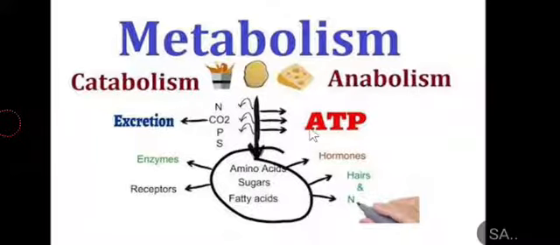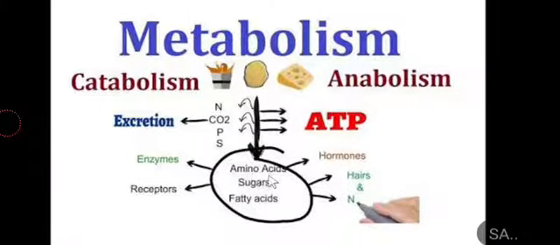Here you can see the ATP is releasing once the molecule is splitting. They are giving off the ATP, which is adenosine triphosphate, and this is the cash currency, the energy currency, and these ATP molecules are actually combining the simplest components of food material.